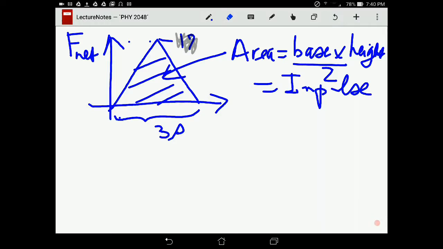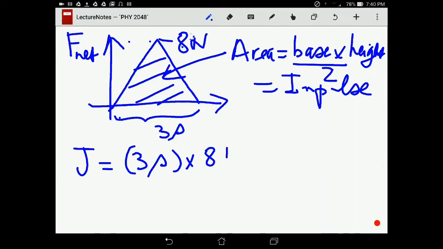So let's assume this is 8 newtons, and we ask for the impulse. The impulse in this case, J, would be 3 seconds, that's the base, multiplied by 8 newtons, that's the maximum value, divided by 2, and we end up with 12.